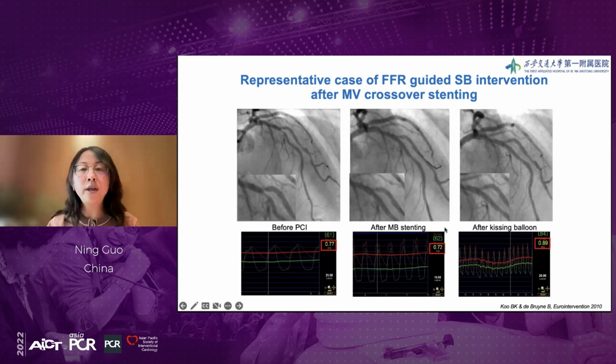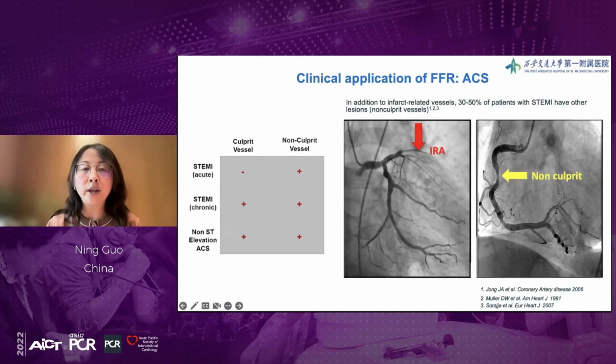For ACS patients, nowadays many studies show that we can use FFR for the non-culprit vessel, no matter STEMI or non-STEMI, and no matter acute phase or chronic phase. But for the acute phase of STEMI, it cannot be recommended for the culprit vessel.